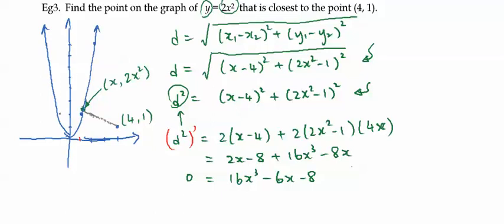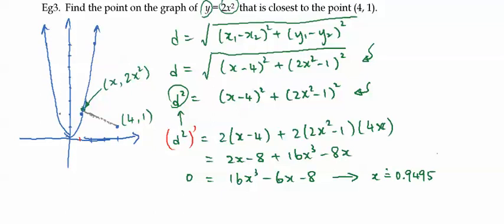But in this case, you're going to just use a graphing calculator to solve for the root. So you can get your graphing calculator to draw this cubic polynomial, find the zeros using your calculator, and you will end up with this value for x.